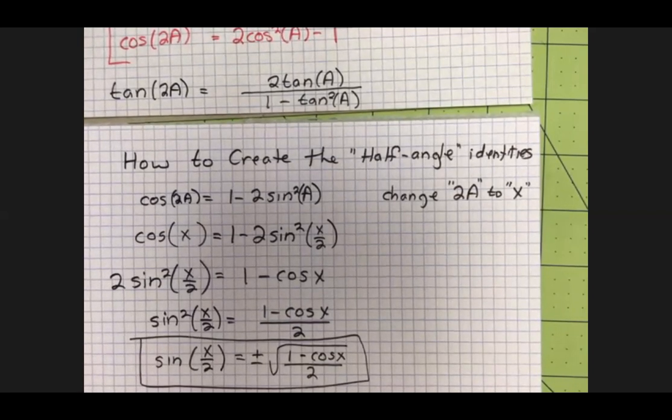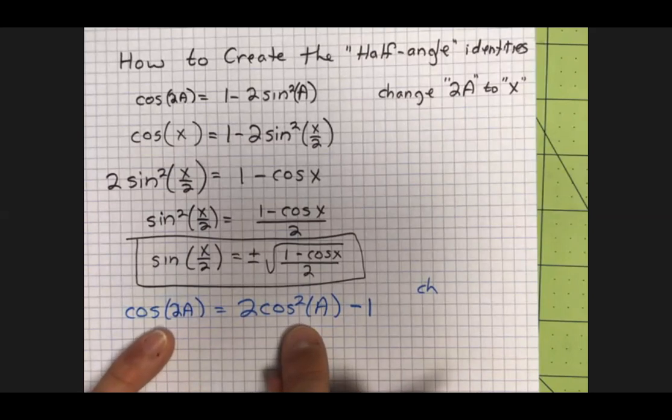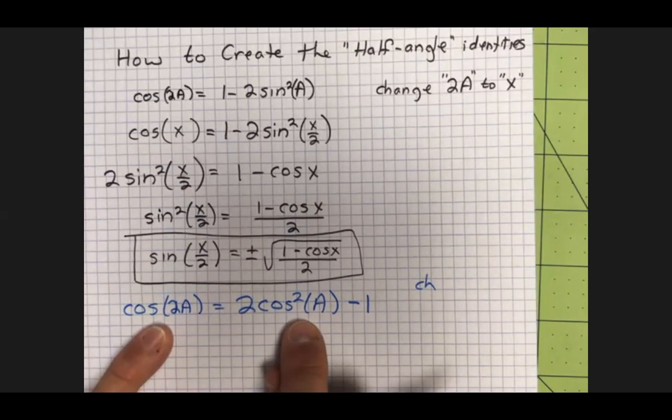If cosine of 2 times a is 2 cosine squared a minus 1, that's a double angle formula. Sorry, I got too many papers on my desk today. That's a double angle formula.